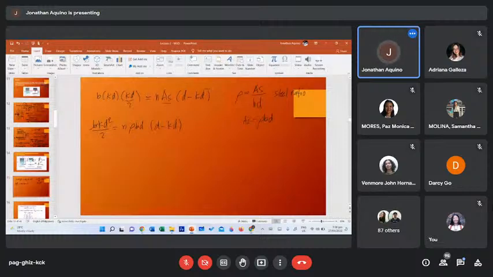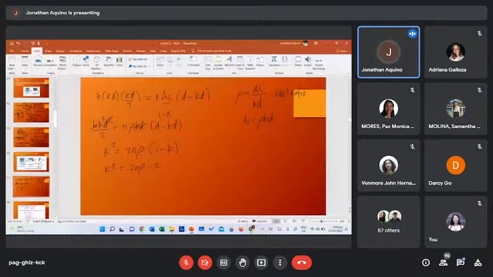So dito magiging 1 minus k, or just simply k squared is equal to 2n rho times 1 minus k, or just simply k squared is equal to 2n rho minus 2n rho k.